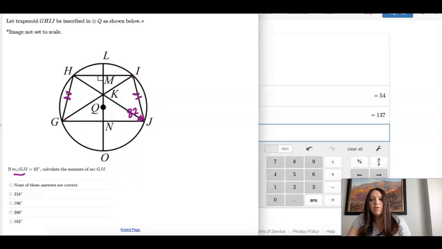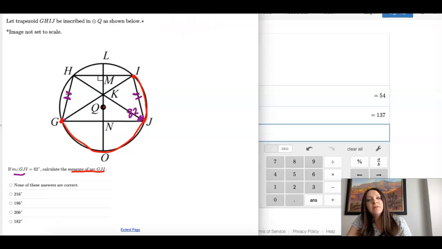And we want to calculate the arc of G, J, I. So through J to I. Alright. So we're not going through the center, so this line is not a diameter. It's not 180. We're going to have to figure it out.